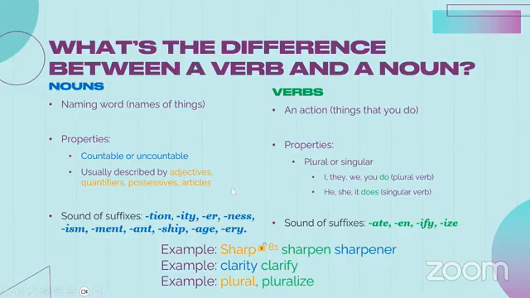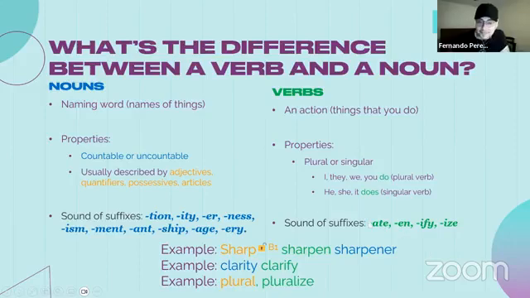Excellent. Okay. Anyway, the rest is pretty evident. Clarity is a noun. The suffix is over here, -ify, and then clarify is a verb. Excuse me, teacher, can you help me clarify my doubt?